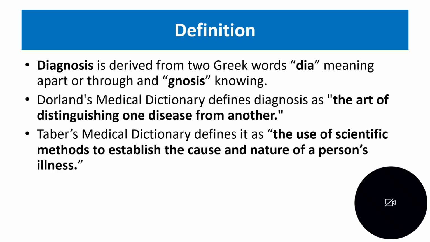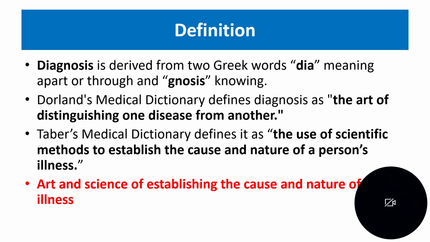Taber's Medical Dictionary defines diagnosis as the use of scientific methods to establish the cause and nature of a person's illness. So you can see two dictionaries, two different diagnoses. For the purposes of this class and this course, I define diagnosis as both the art and science of establishing the cause and nature of one's illness.